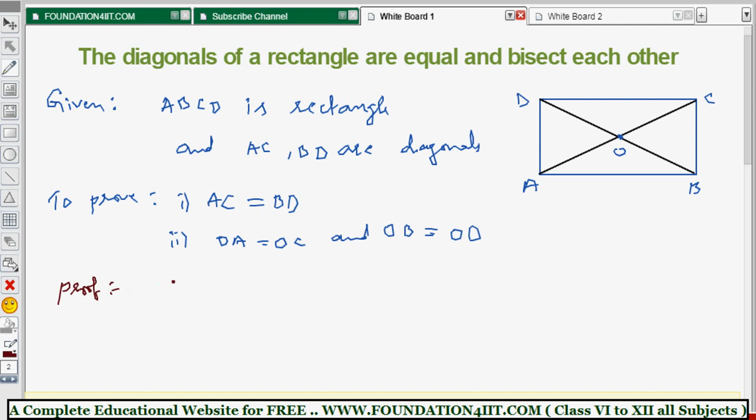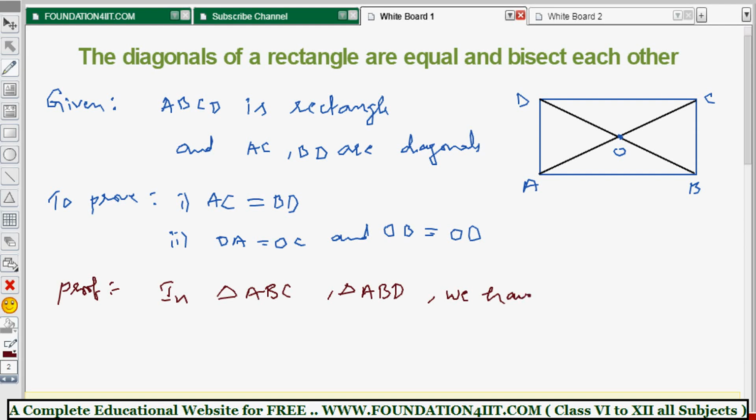Before starting the proof, we need to take two triangles. To prove AC equals BD, AC is one diagonal and BD is the other diagonal. These two diagonals should come in two different triangles. So I am taking triangle ABC, where AC is the diagonal part, and triangle ABD, where BD is the diagonal part.